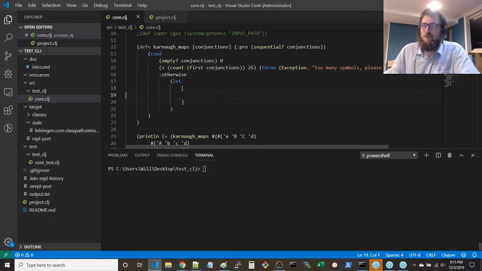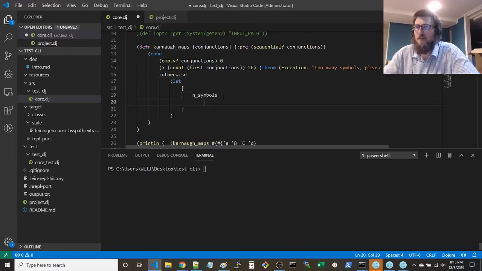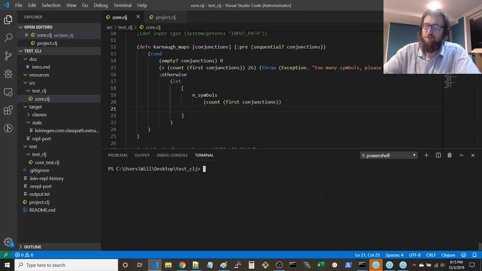So what we're going to want to do is get num symbols, which is exactly this. Right, and then now I do want to try something here.